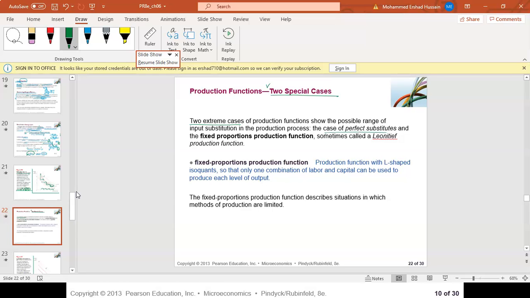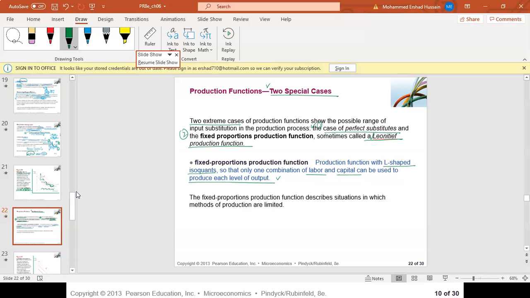One is the case of perfect substitutes, and the other is the fixed proportion production function, also called the Leontief production function, after the economist who first discussed it. The fixed proportion production function has L-shaped isoquants, so that only one combination of labor and capital can be used to produce each level of output.